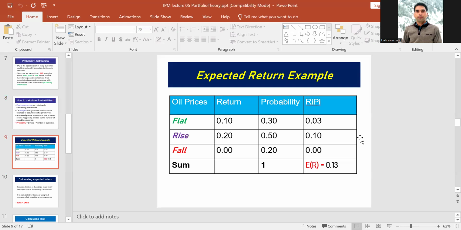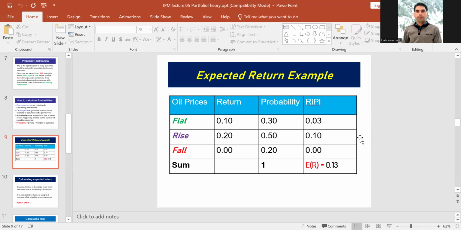Let's have a quick example with oil prices. In the flat situation, we have 10% return with 30% probability. When the oil prices rise, there is 20% return, and the probability assigned to it is 50%.